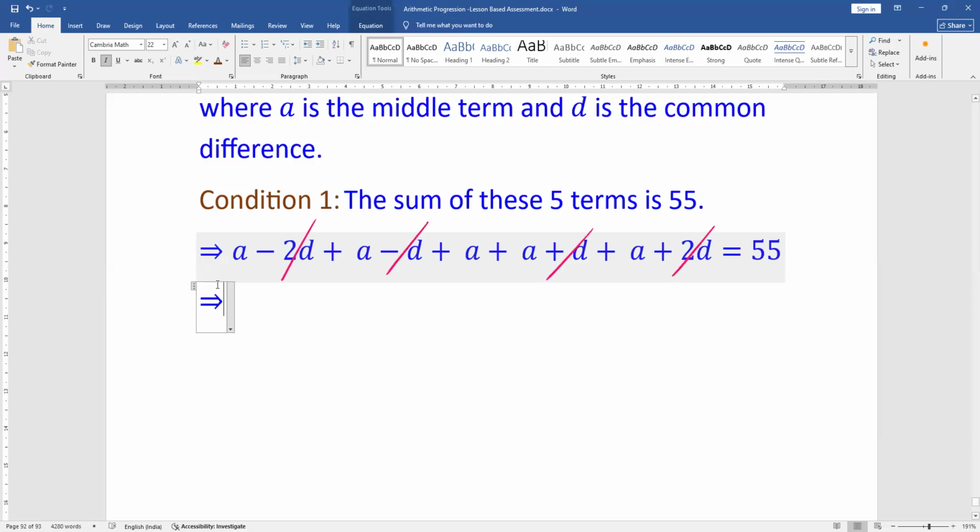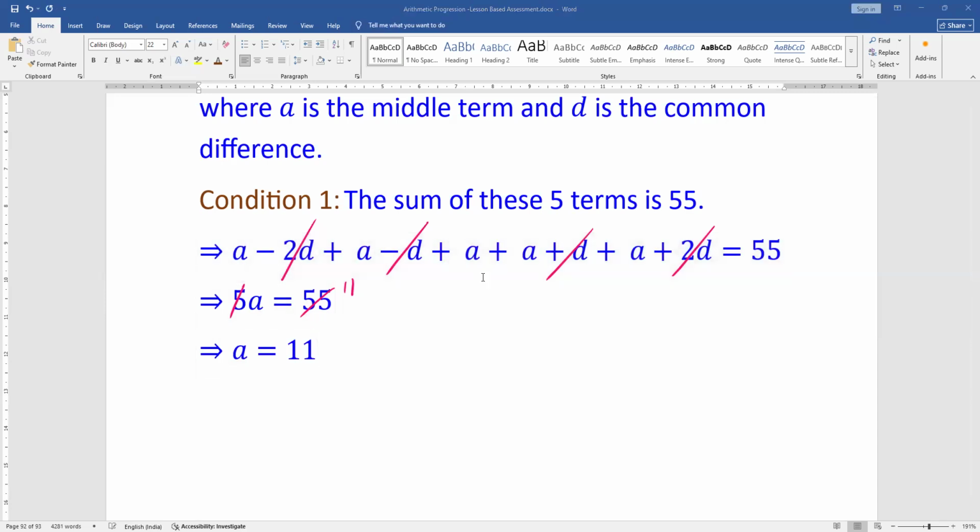So you will be left with 5A on the left hand side, because there are 5 A's, equals 55. So 5 and here 5 elevens. So that means A equals 11, we got. So I got the value of A as 11.